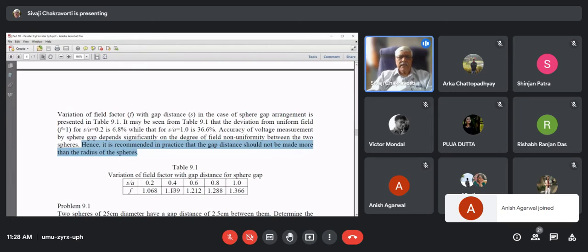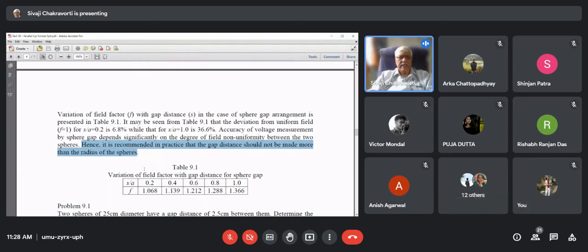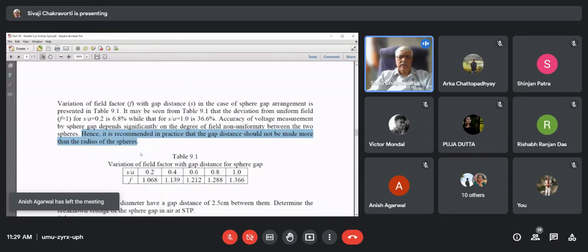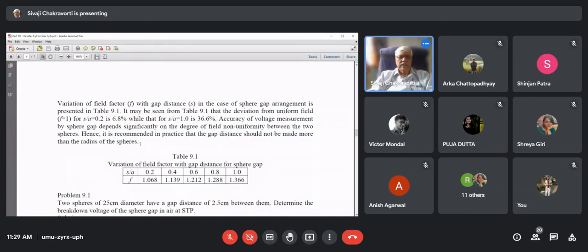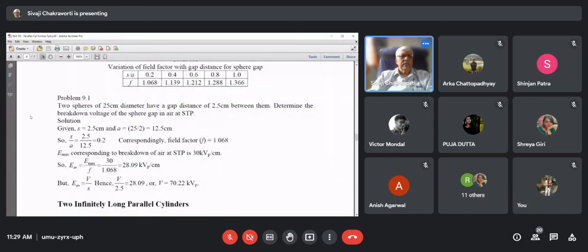That is practically acceptable. And that is why the standards, Indian and international standards, recommend the gap distance should not be kept more than the radius of the sphere. So again, you can see that the discussion we are doing today has very clear practical implications. It's not a theoretical discussion.